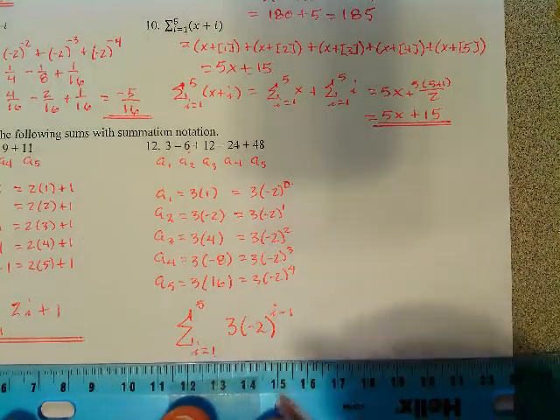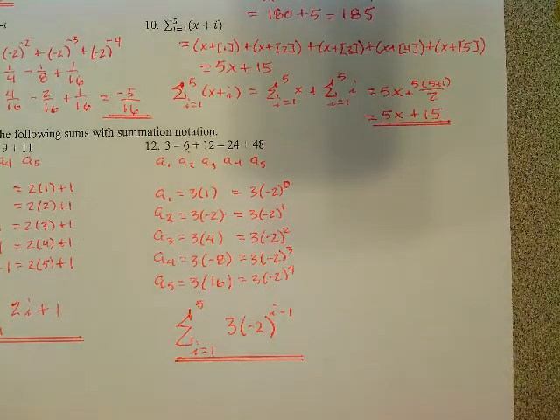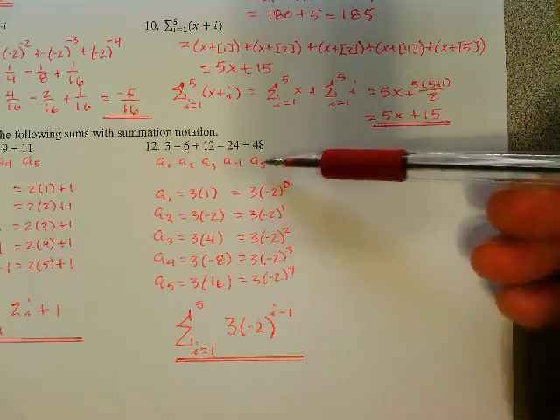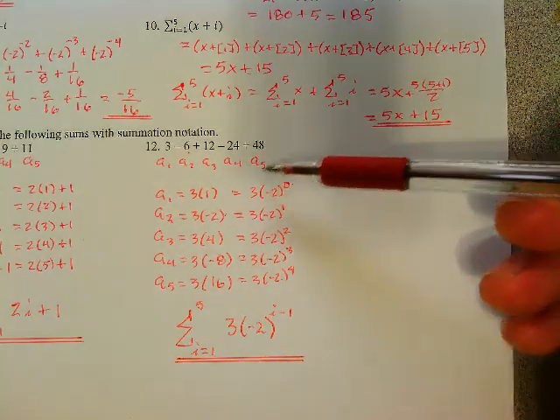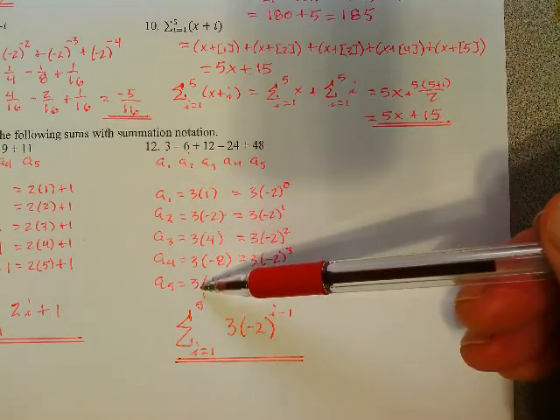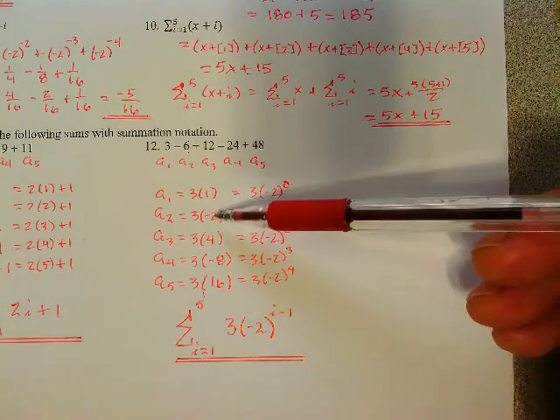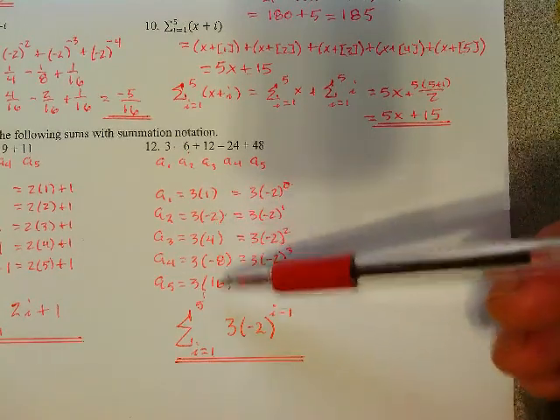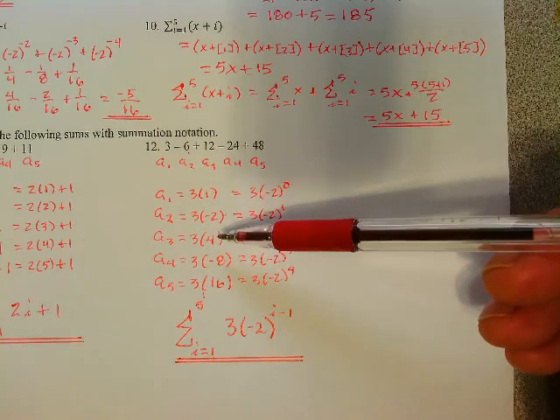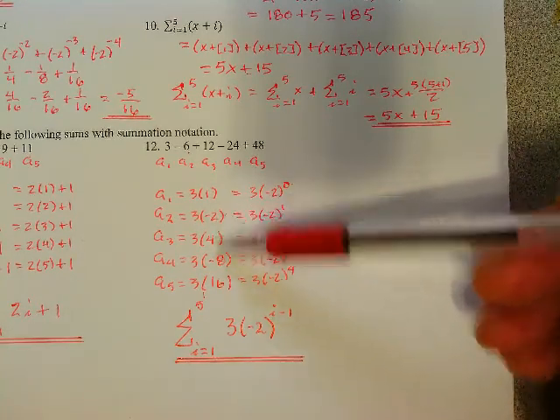And so I have found a general form for this series. And again, I started first with A1, A2, A3, A4, A5, factored out a common factor, looked at what I had remaining, recognized that these are doubling each time, but the sign is changing each time.